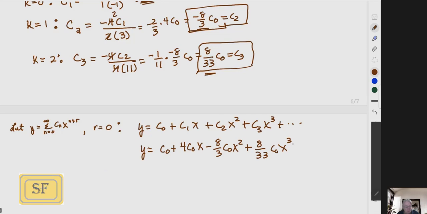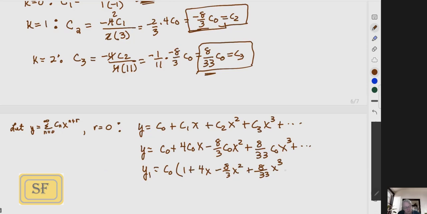And notice that we only have one variable here, just the c0, that we can factor out. And we'll call that y1 is c0 times 1 plus 4x minus 8/3 x squared plus 8/33 x to the third.